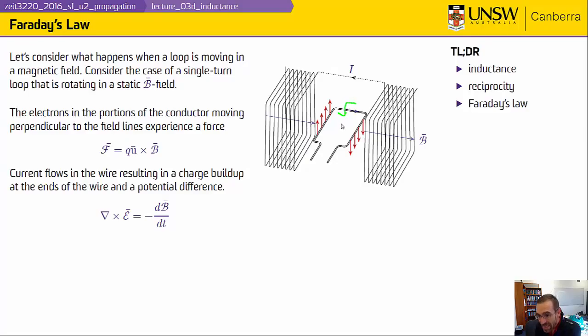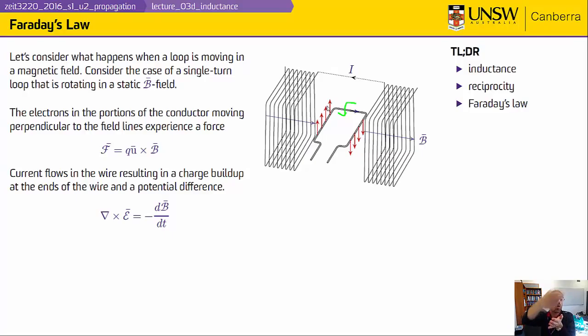It's going to go into the loop. So the rotating loop causes the flux to increase. That increasing flux drives a current which creates a magnetic field which compensates for that. Why is that the case? Well, let's imagine what would happen if as that loop turned, the current was in the opposite direction. Then it would have a magnetic field which increased the flux some more.